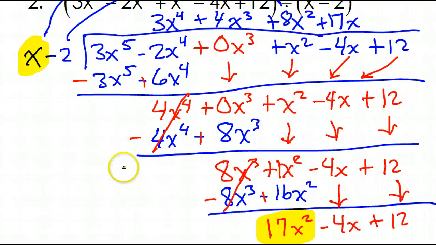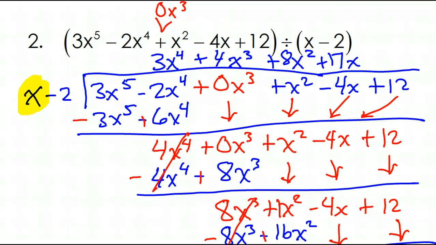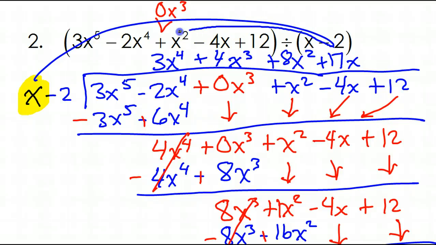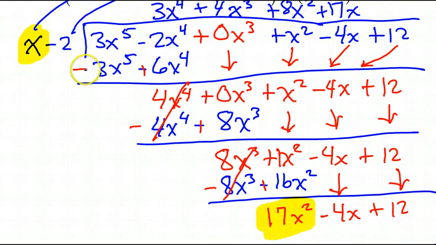All right, now take that 17x squared and distribute. If you multiply 17x squared times x, 17x times x is in fact 17x squared. Now 17x times negative 2 is negative 34x.